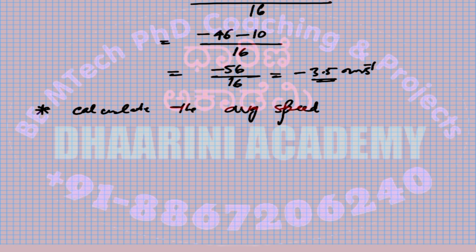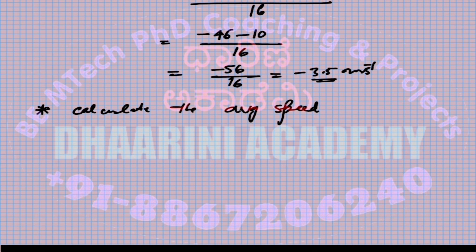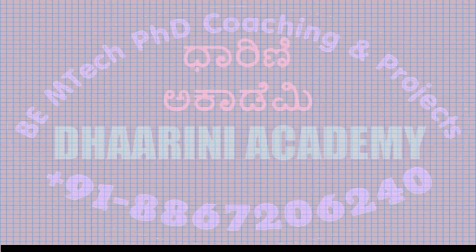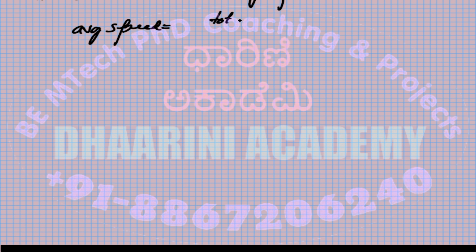That is the total distance divided by time. Okay. So there is a difference between the distance and the displacement. First, let's calculate. So this is average speed is equal to the total distance divided by the total time.